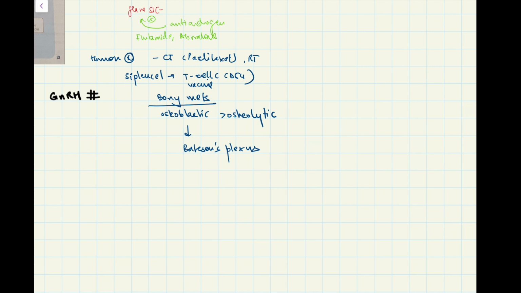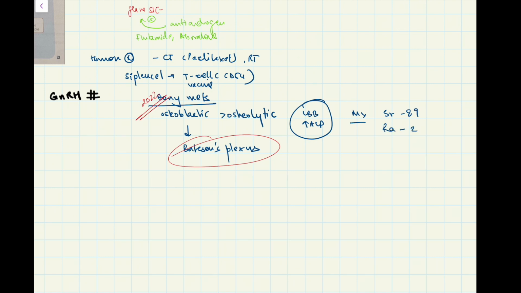This was asked this year in NEET. Bony mets would be characterized by low back pain and increased ALP levels. For bony mets, the management is strontium 89 and radium 223, which destroys the tumor by means of alpha rays.